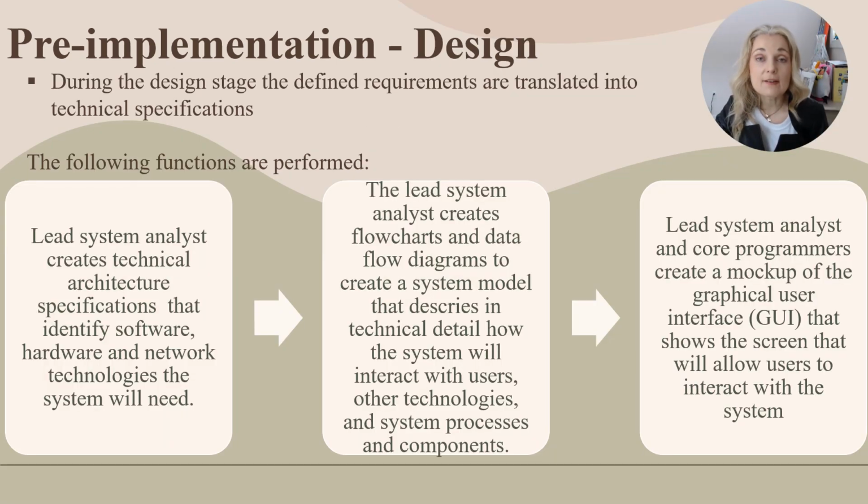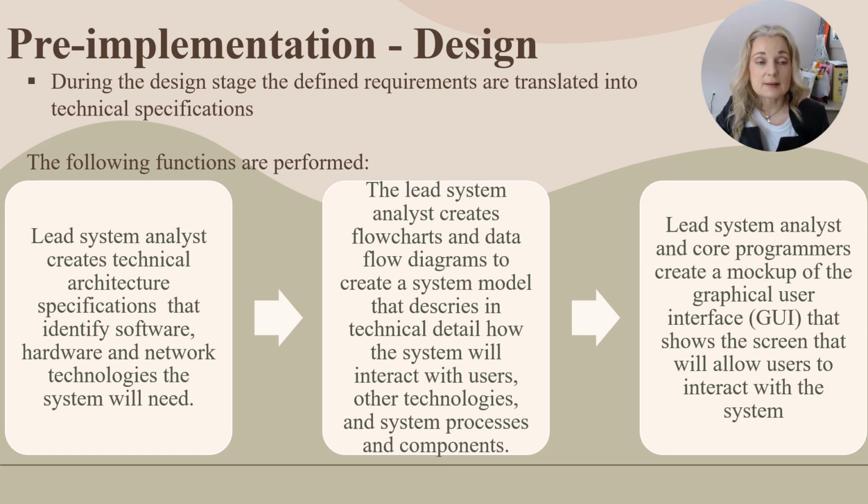So now we have created the plan, we analyze the project. The next stage is to design. And during the design stage, you define the requirements into technical specifications. And here are the following functions that need to be performed.